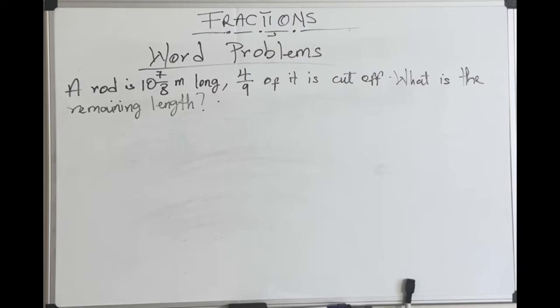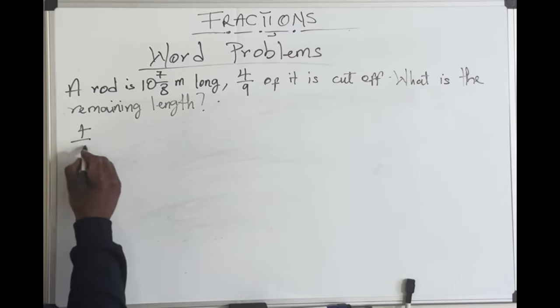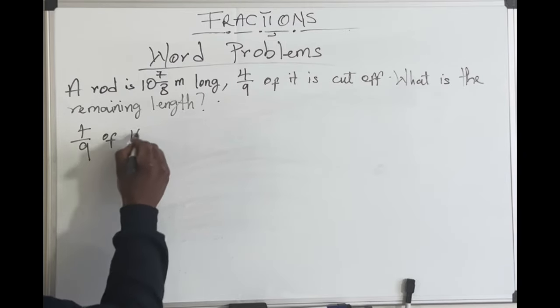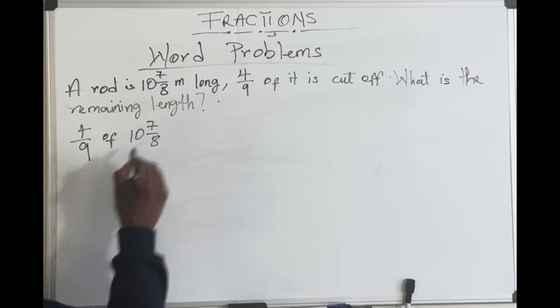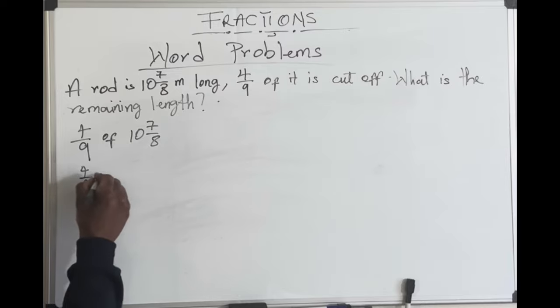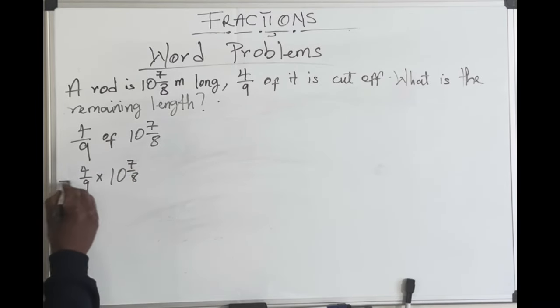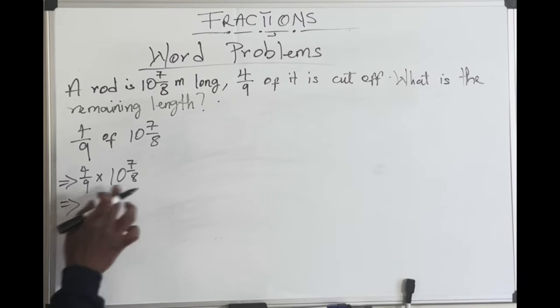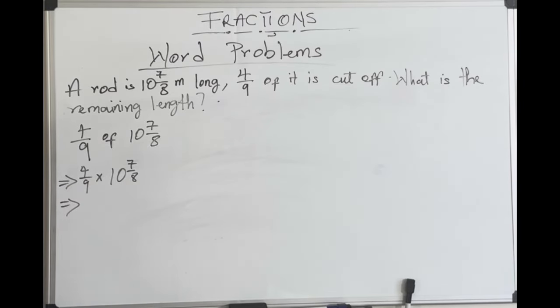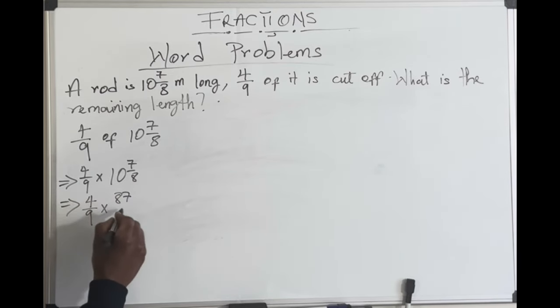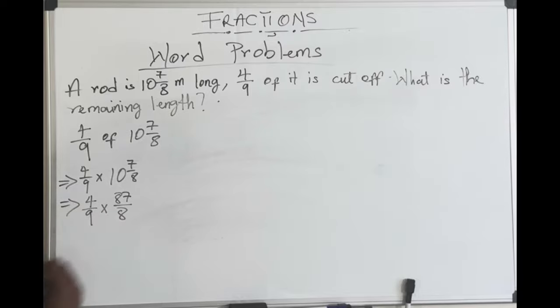So first off, 4 over 9 of 10 whole number 7 over 8. So 4 over 9 times 10 whole number 7 over 8. We'll change this mixed number to improper fraction. So 4 over 9 times 87 over 8.